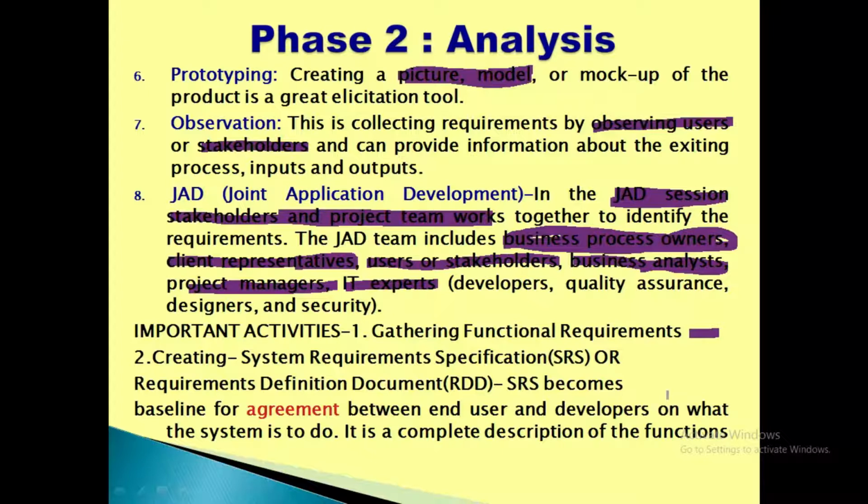Now all the functional requirements are written in the form of a system requirement specification or requirements definition document. Whenever the analysis phase is over, the outcome is the system requirement specification document, or the same is called the requirements definition document, in which each and every requirement of the user, of the system, of the management people is written very clearly, what is expected to be done from the information system.